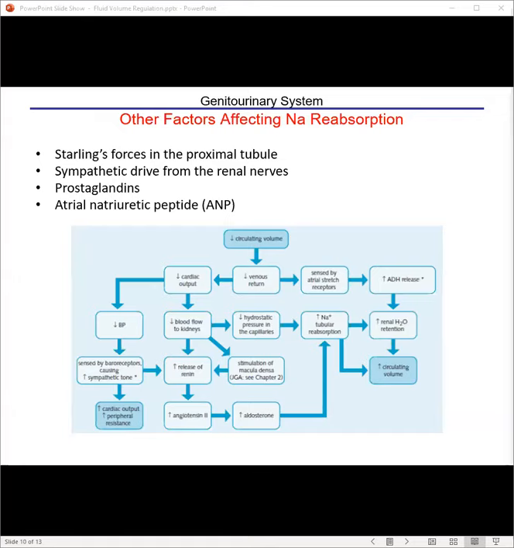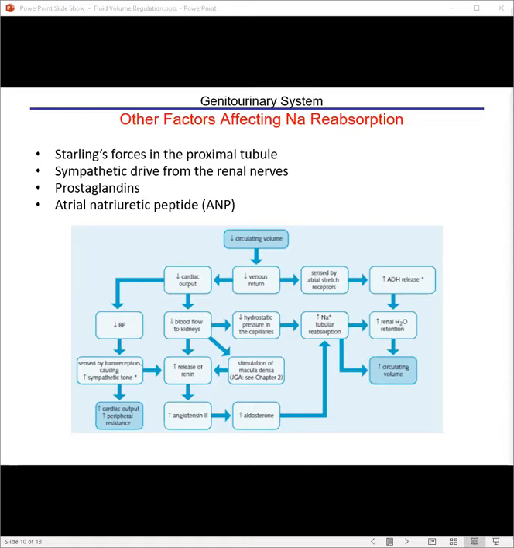Kasi pag tumataas yung water content ng isang fluid compartment, bumababa naman yung oncotic pressure because of the increase in the water component of that particular fluid compartment. So remember, your oncotic pressure is due to the presence of proteins within your fluid volume compartment.